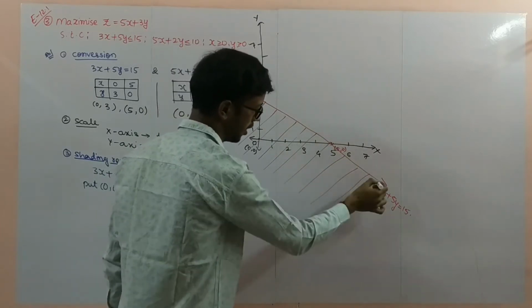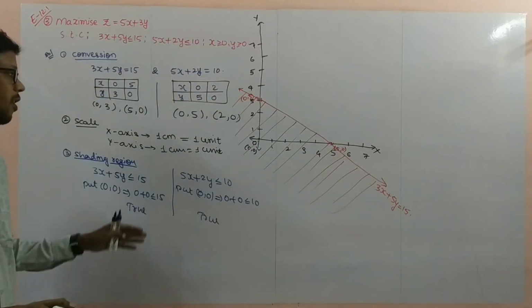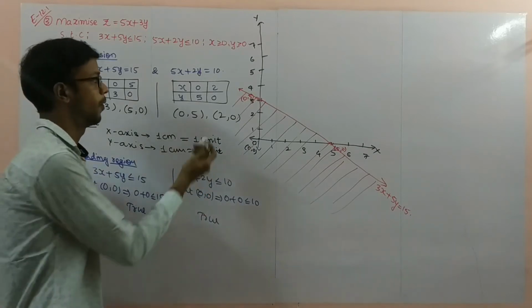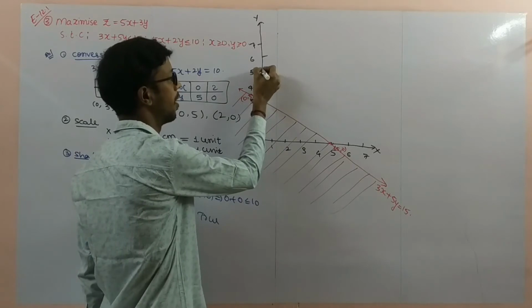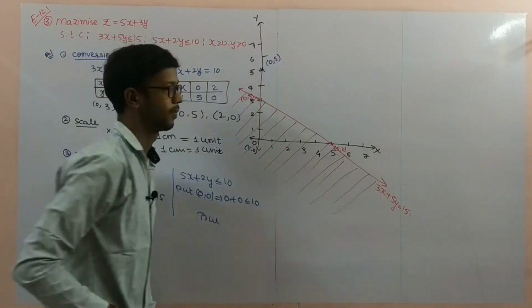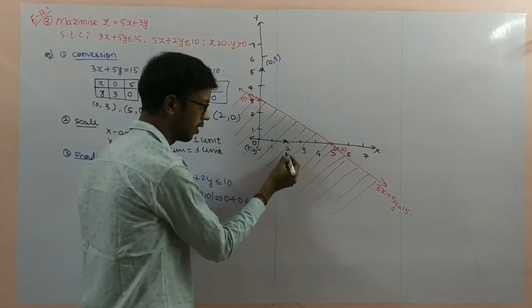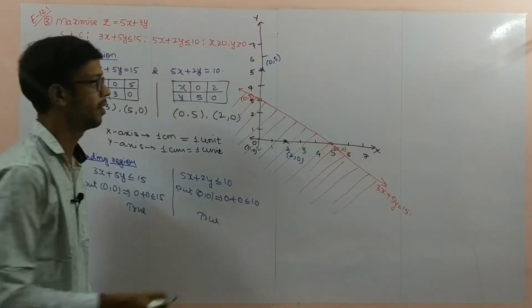First equation, shading region, this is. Now next, for 0 to 5, the first point is 0 comma 5, and the next point is 2 comma 0.